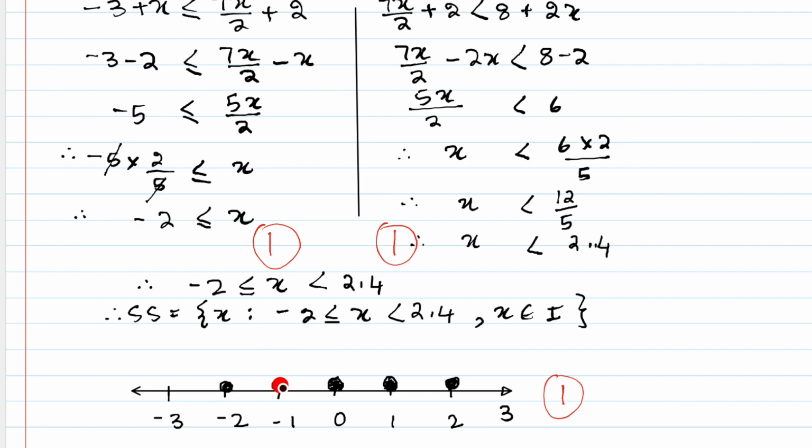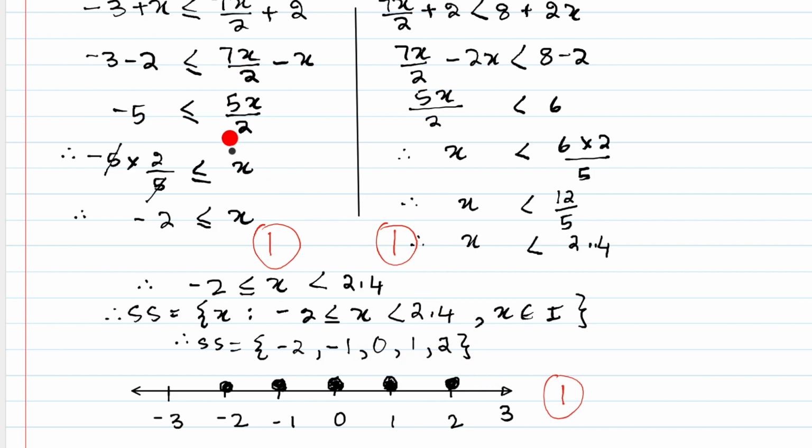Then we can take -1, and then we can take 1 and up to 2. We cannot take this 2.4. So the solution set will be -2, -1, 0, 1 and 2. Whenever it's an integer, whole number, natural number, we must list the elements.